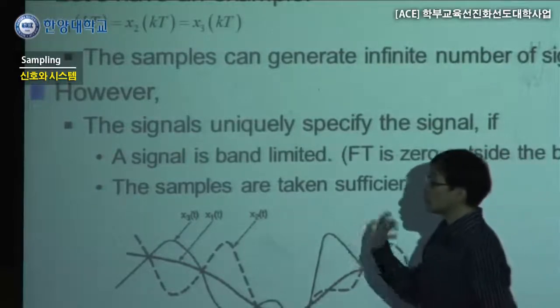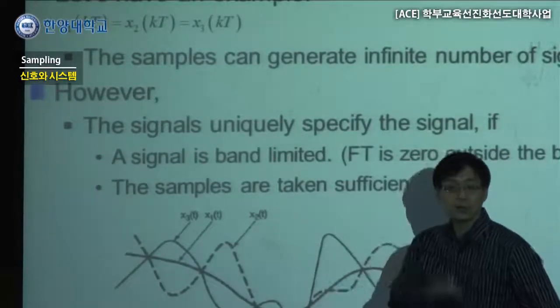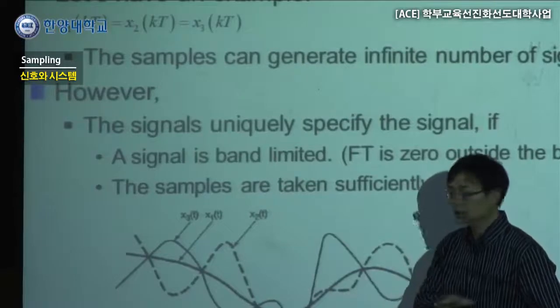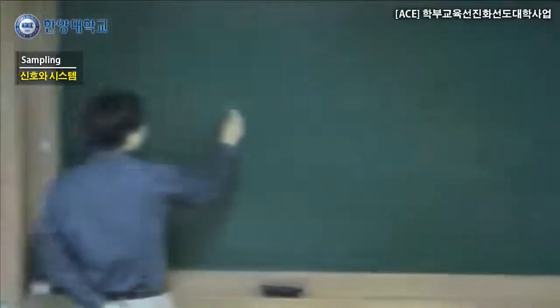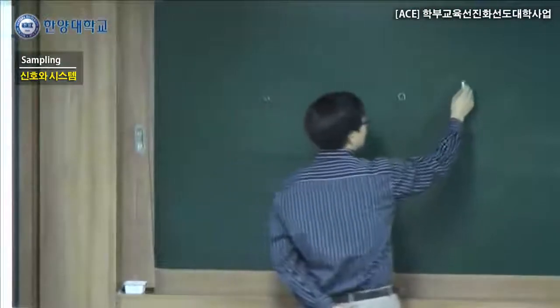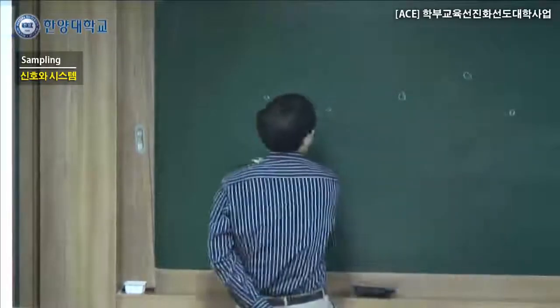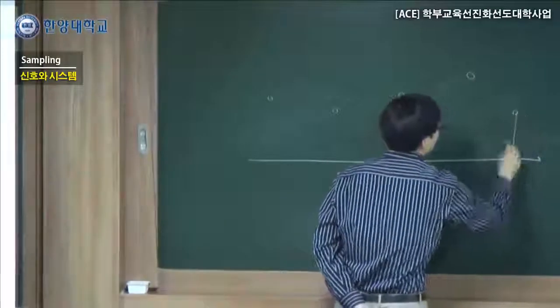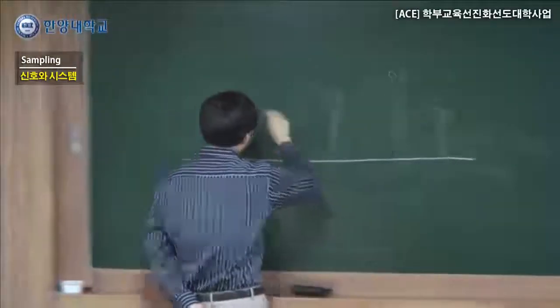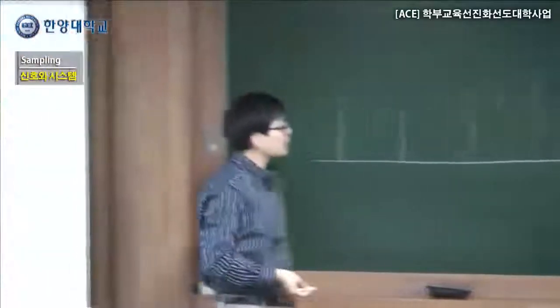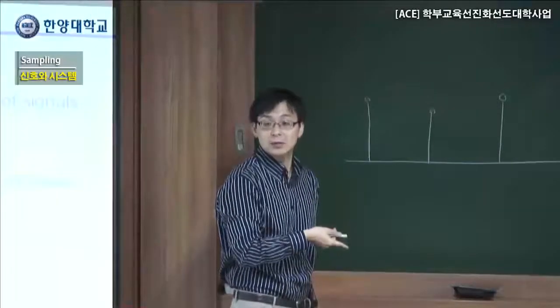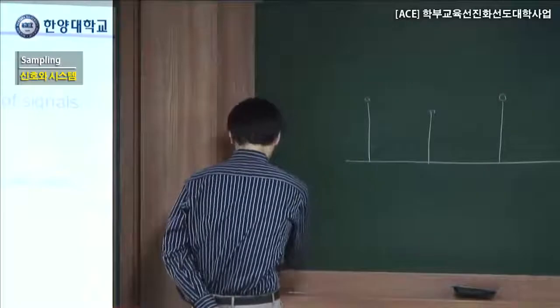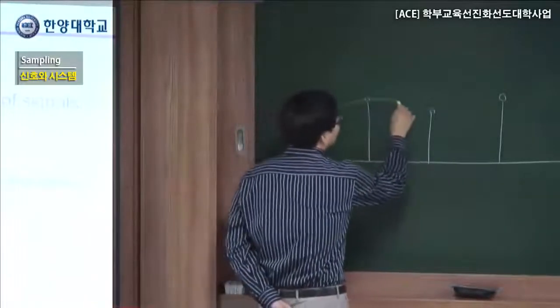However, what you see after sampling is that you only have data like that in the time domain, equally spaced at t. So you may consider that x1, x2, x3 may be the same signal, but actually you never know.